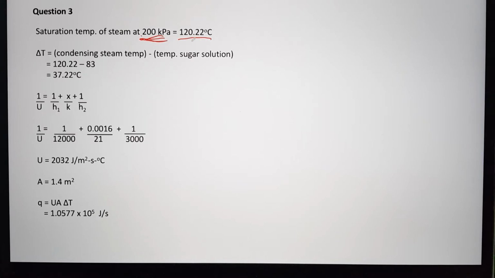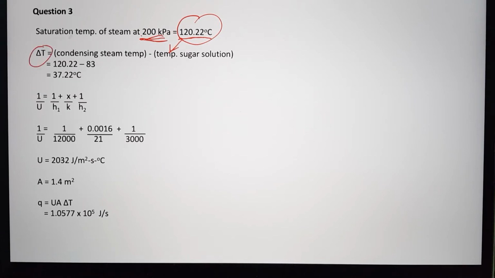You need to do some simple interpolation, and then you will get the temperature of 120.22 degrees Celsius.